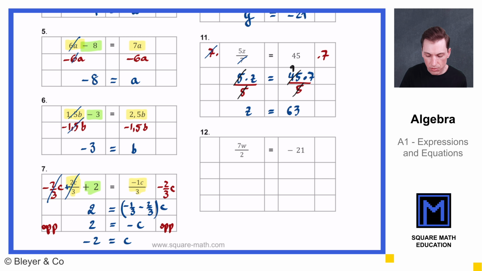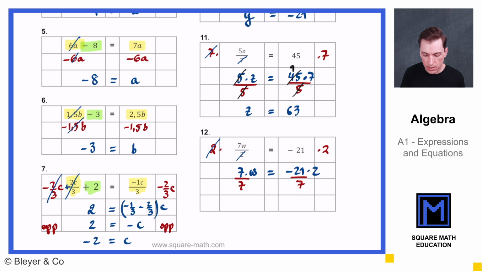And then our final equation. By now you already know, if we divide by 2, we're going to multiply by 2 on both sides of my equation. 2 divided by 2 is 1, so that's 7w, or 7 times w, equals minus 21 times 2. Again, hold on for a bit, and I leave minus 21 times 2. The next step, the inverse of multiplication by 7, is dividing by 7 on both sides.